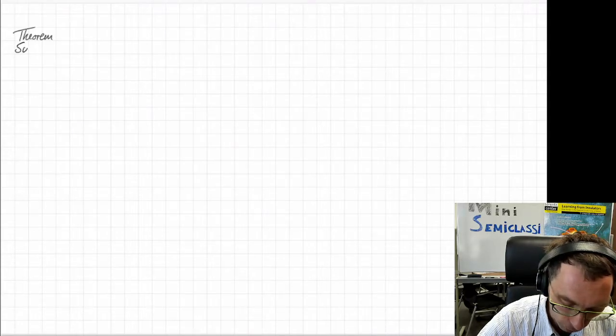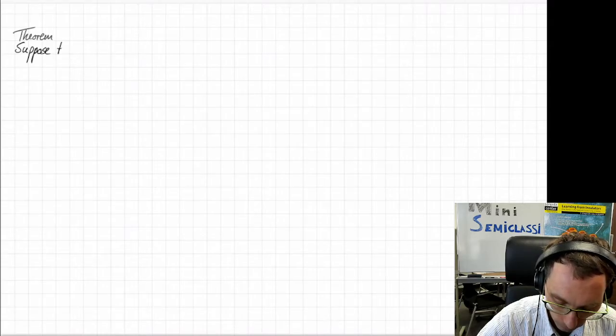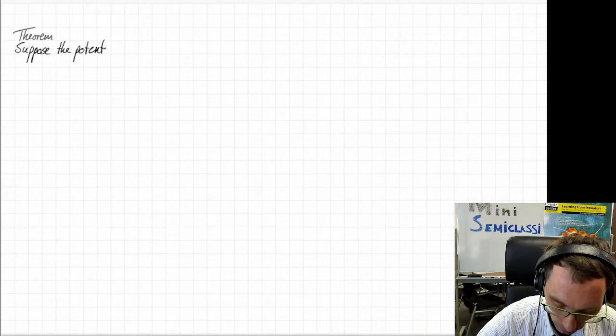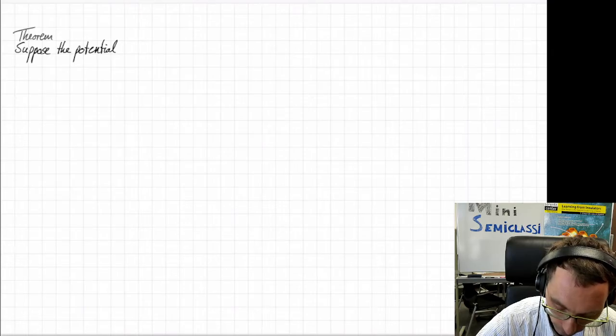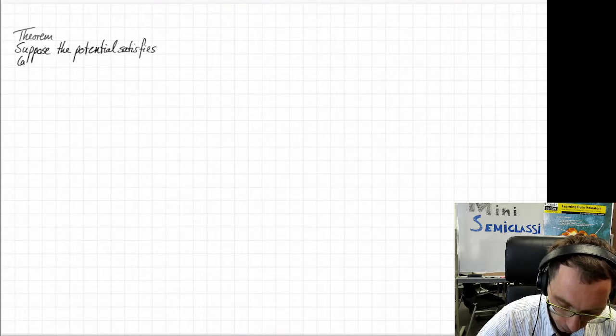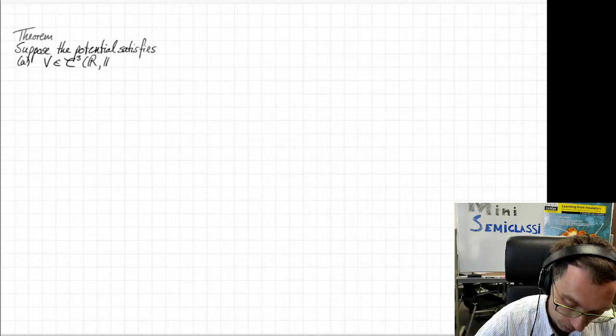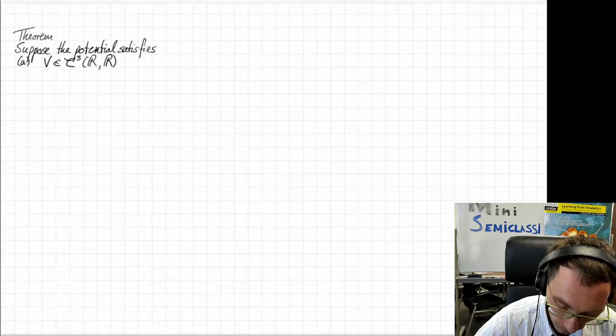So suppose the potential satisfies condition A, well, it's 3 times continuously differentiable, so that it has a Taylor expansion for sure.